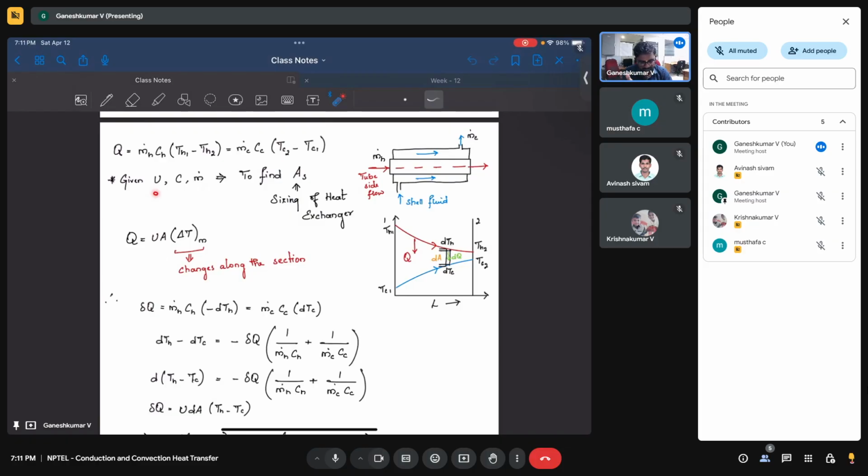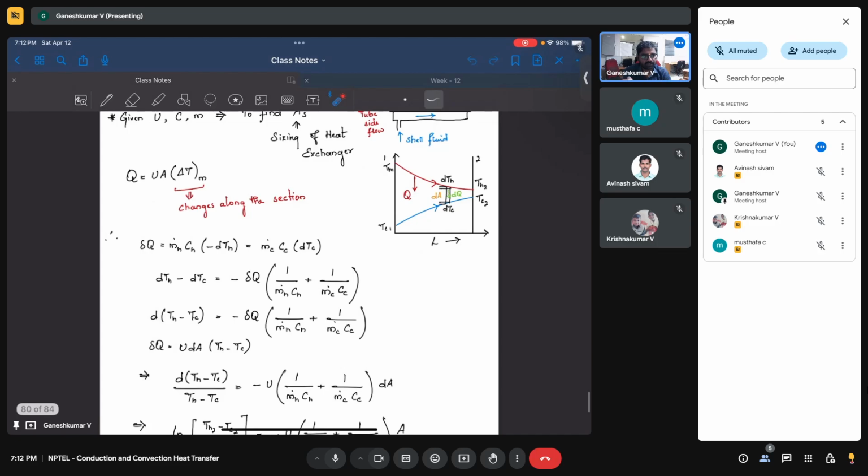If you fix these, then I want to design a heat exchanger in such a way that I cool it down to a certain temperature. So what is the amount of heat exchange area I require? That is a design problem. To do that, we derived this relation. Initially we started with the parallel flow arrangement. So this is the temperature profile along the length.